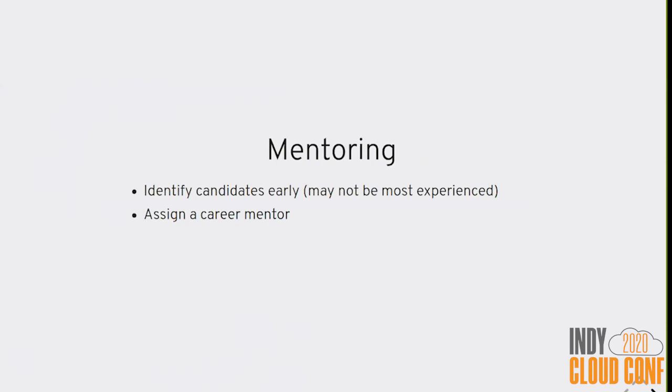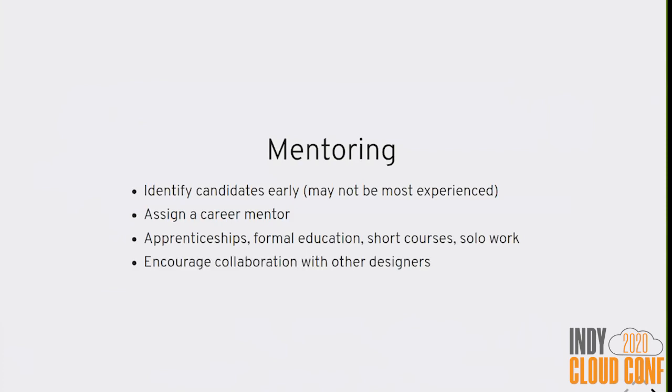Assign that person a career mentor. Give them explicit guidance to become an even better architect. Give them apprenticeships. Give them formal education. Let them take courses. Have them do solo work to practice designing code, not just writing code, but designing the system in which code lives. Encourage collaboration with other designers.